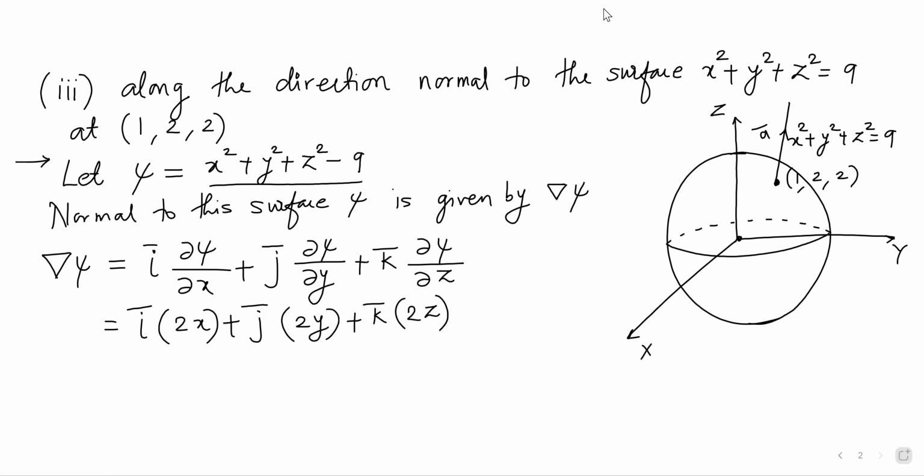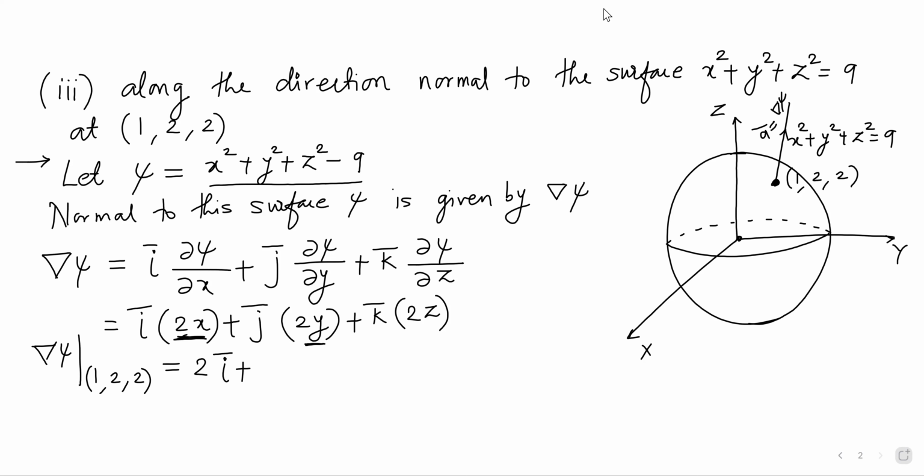But we have to find this at a particular point. So what is this A bar actually? It is del psi, correct? A bar in this case is del psi. So here we'll calculate this del psi at the point (1, 2, 2). Substitute x as 1, so 2x becomes 2 i bar.